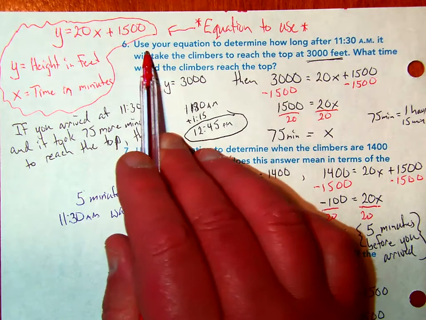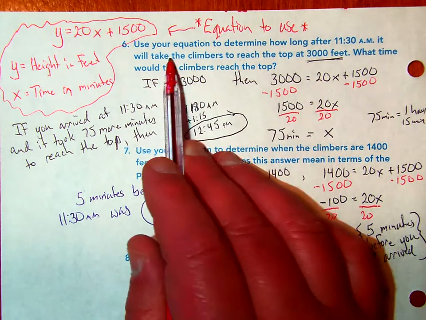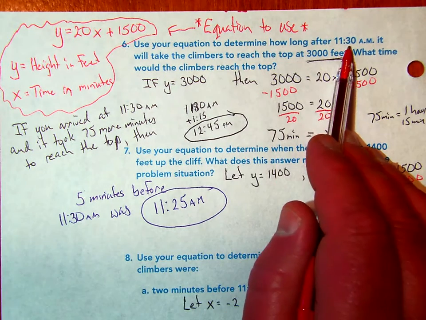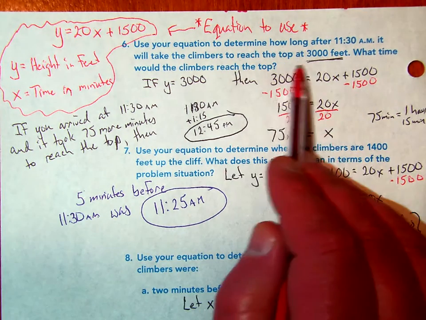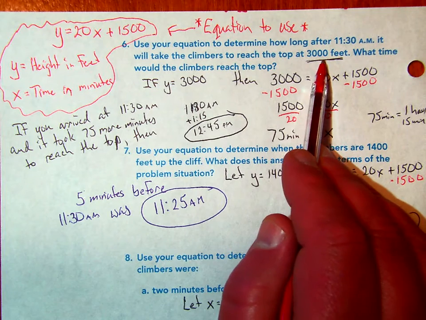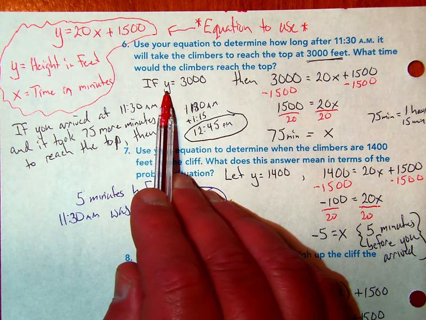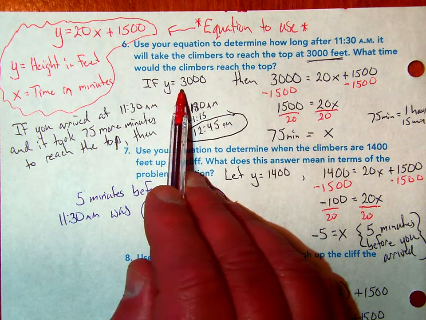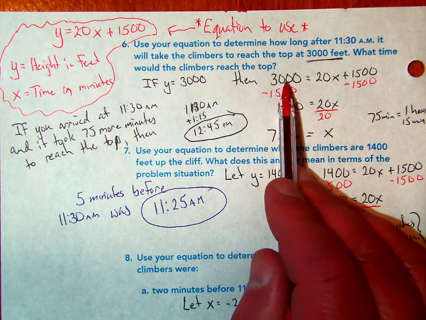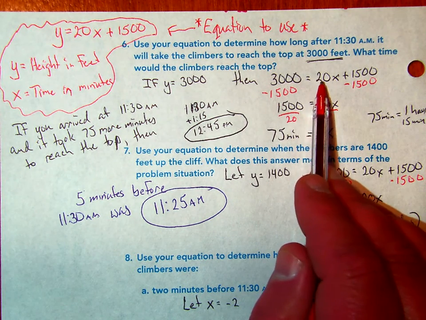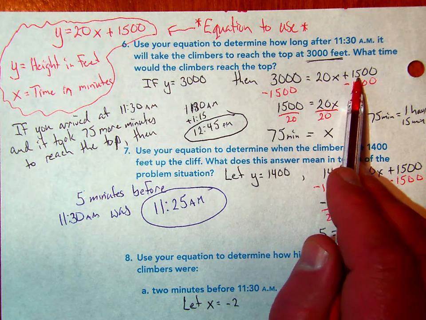Now, let's take a look. Use your equation to determine how long, so we want to know how many minutes it takes the climbers to reach a height of 3,000 feet. If Y, height in feet, is 3,000, then the equation is 3,000 equals 20 times x plus 1,500.